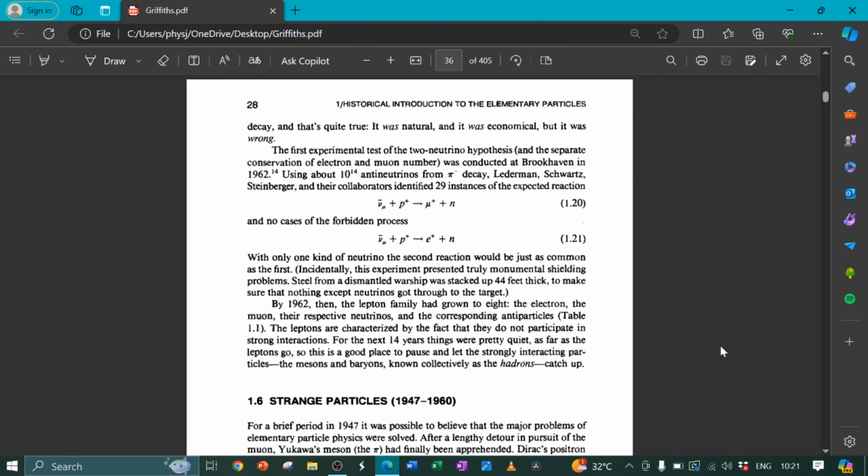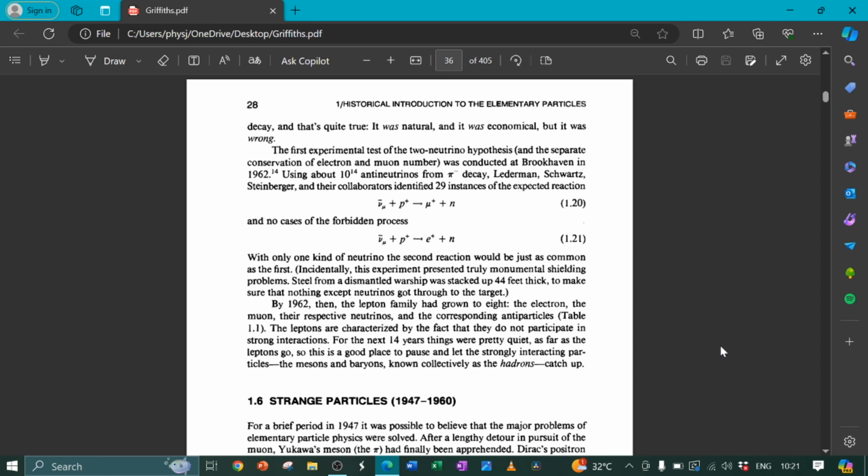The first experimental test of the two neutrino hypotheses and the separate conservation of electron and muon number was conducted at Brookhaven in 1962.